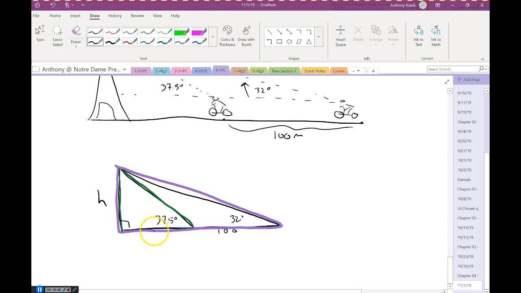I'm going to label this side of the green right triangle as X, which means that this side of the purple right triangle would be X plus 100.